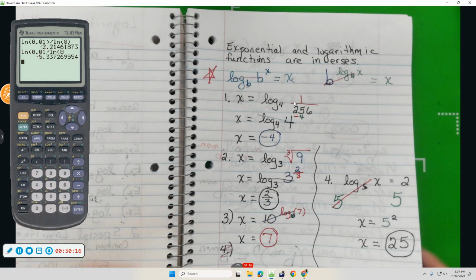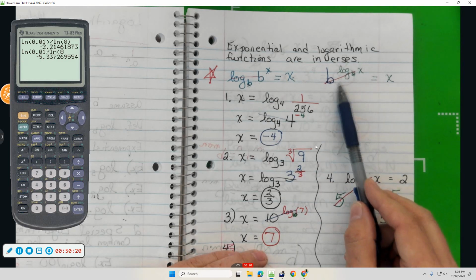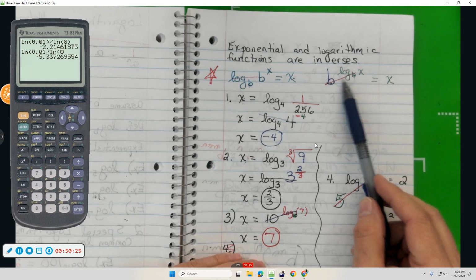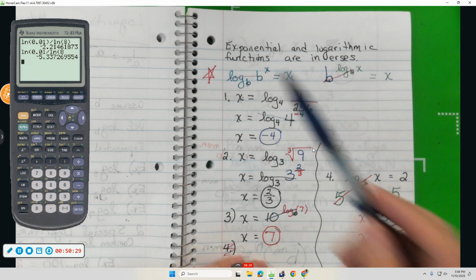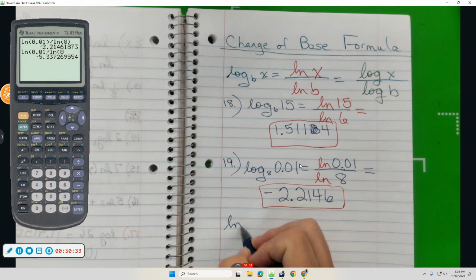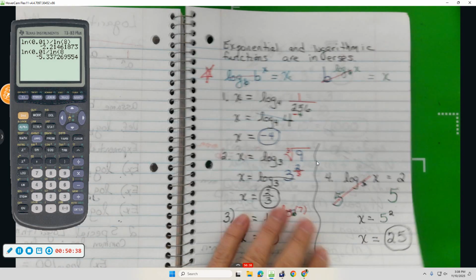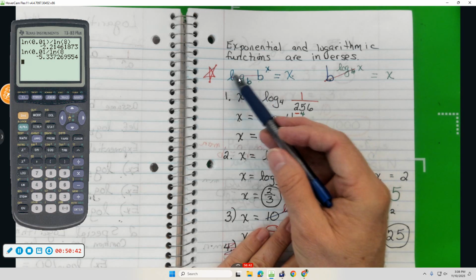So I'm going to restate these in terms of the two special logarithms. I'll first state it in terms of ln. Instead of log base b, ln is log base e. I'm restating this: log base b is being replaced with ln.